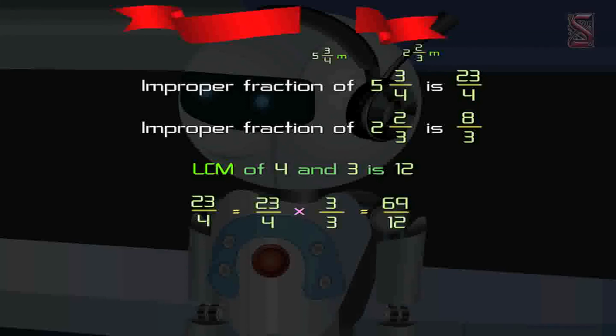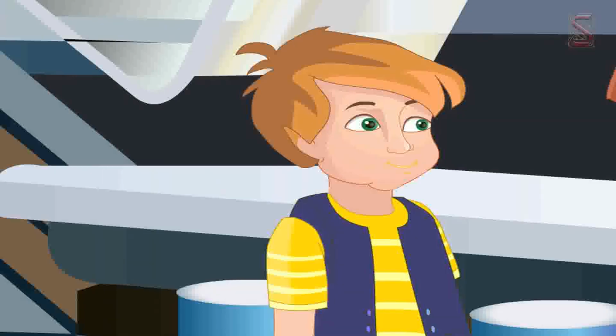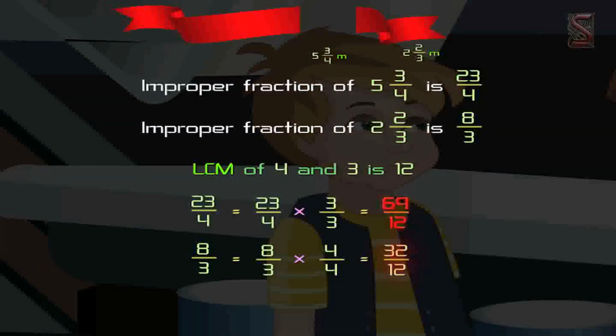Similarly, the equivalent fraction of 8 by 3 with a denominator of 12 is 32 by 12. Now subtract the like fractions. Therefore, 69 by 12 minus 32 by 12 is equal to 37 by 12.